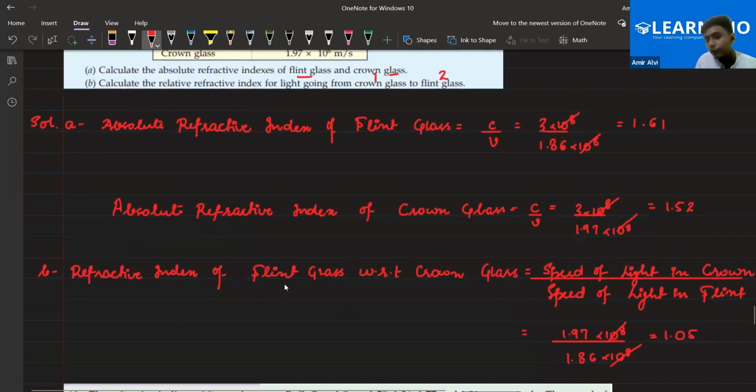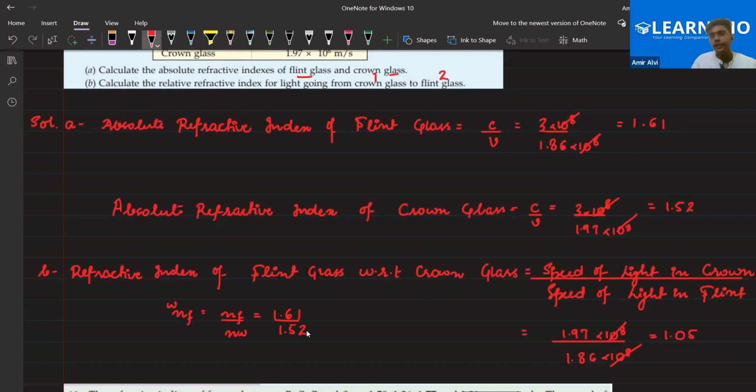Question is saying we have to find the flint glass with respect to crown glass। So the refractive index of flint glass divided by refractive index of crown glass. So what is the flint glass refractive index? That is 1.61 divided by 1.52.